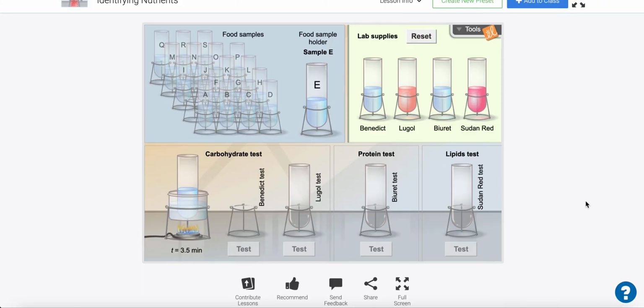Okay, heated for 5 minutes. Okay, that's a negative test, so we would put a negative sign for the Benedict's test for E, put a minus sign. Now we're doing the Lugol test. This is also negative. Remember we said it would turn a dark blackish color if it was positive. Protein.